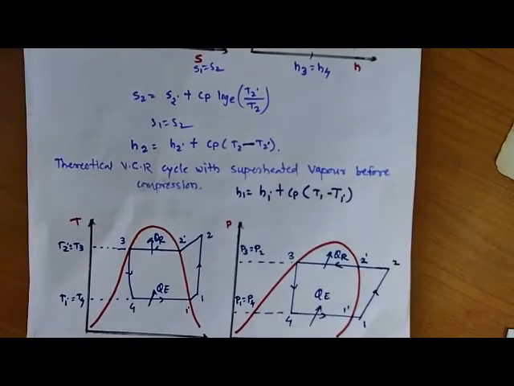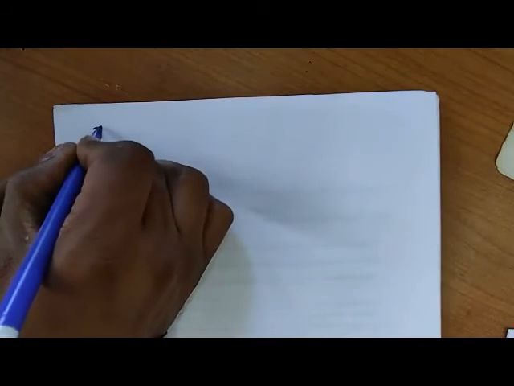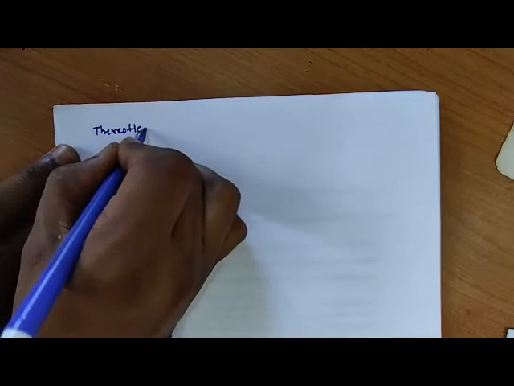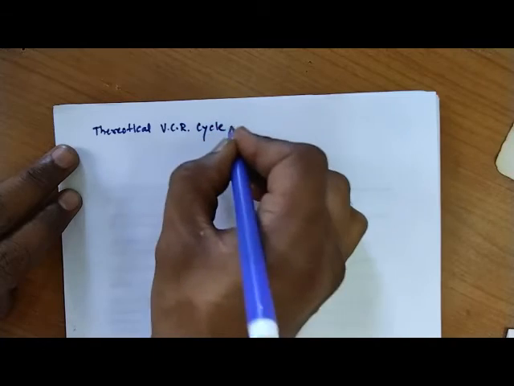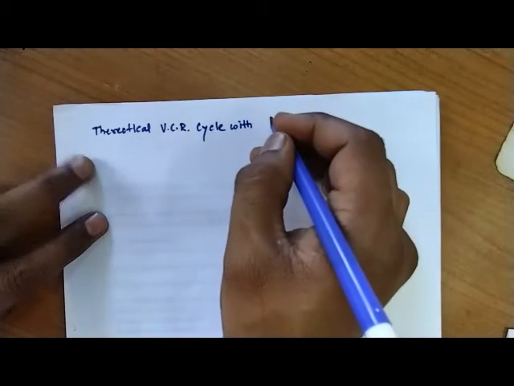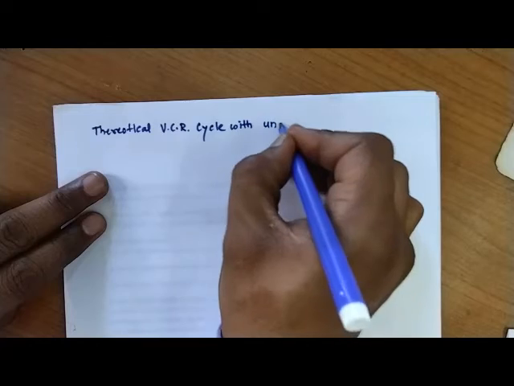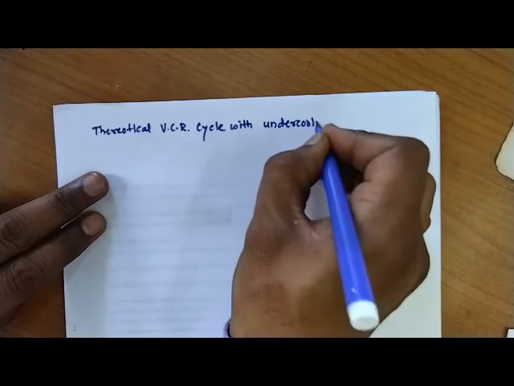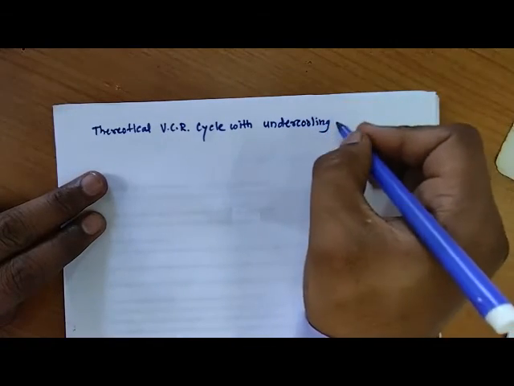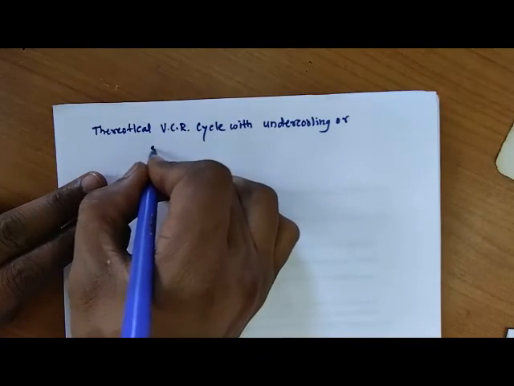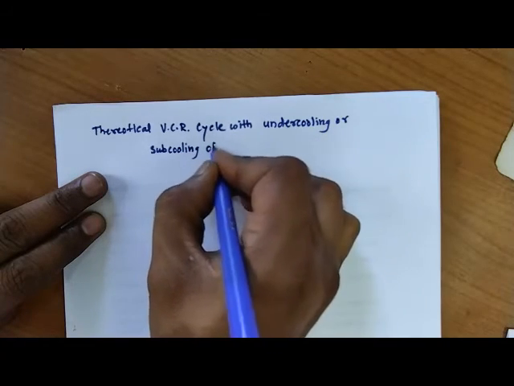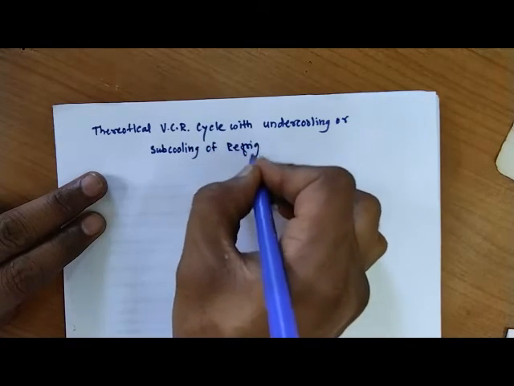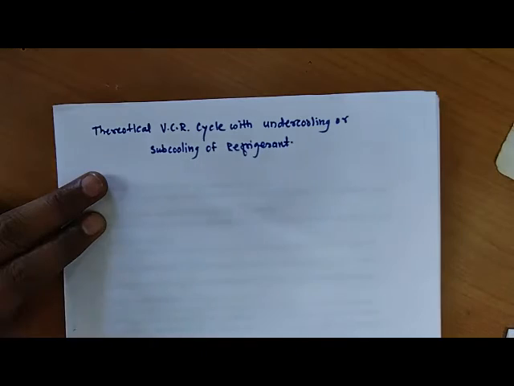Okay. Now the last type we have is the theoretical VCR cycle with undercooling or subcooling of the refrigerant.